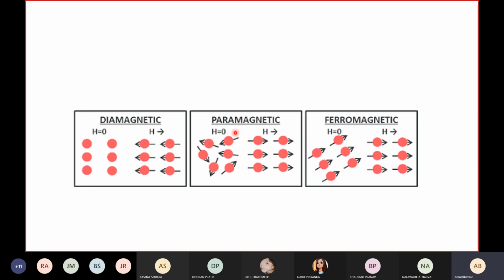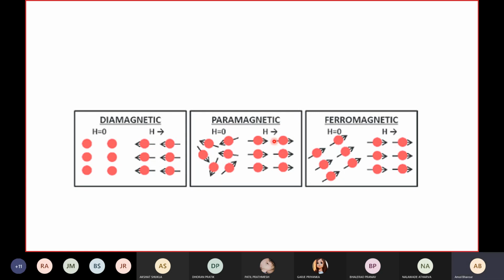In the case of paramagnetic, when there is no field, all these dipole moments are in random directions. One is in this direction, one is in this direction. When you apply an external field, all the dipole moments are aligned in a particular direction.